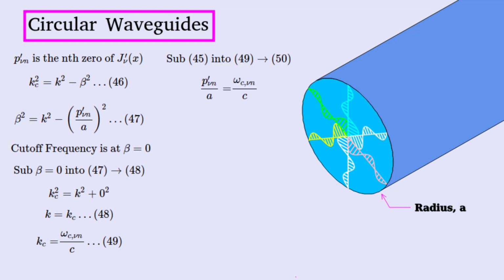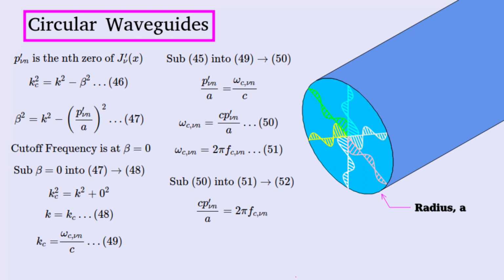After we make this substitution, we get this equation, which will give us this formula for the cutoff angular frequency. And this is the relation between the cutoff frequency and the cutoff angular frequency of the wave in the waveguide. Making this substitution gives us this equation. So this is the cutoff frequency of a circular waveguide of radius a.